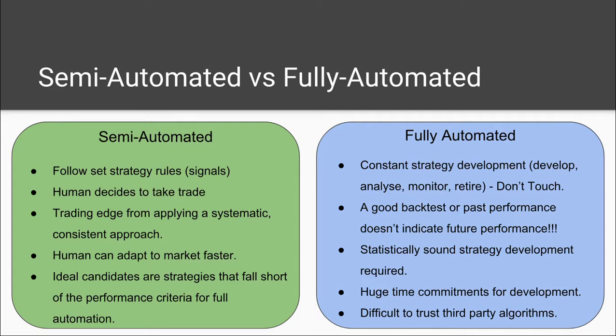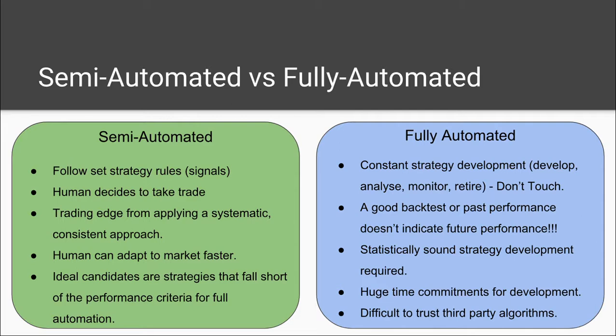I should just use it as a fully automated strategy. So it's only ones that look good on paper but haven't quite made it to my personal performance criteria, and they're good candidates for semi-automated strategies. But like I said, the main edge is from applying a systematic and consistent approach to trading, not from the algorithm itself. And I'll go into a bit more detail about why that's the case shortly.